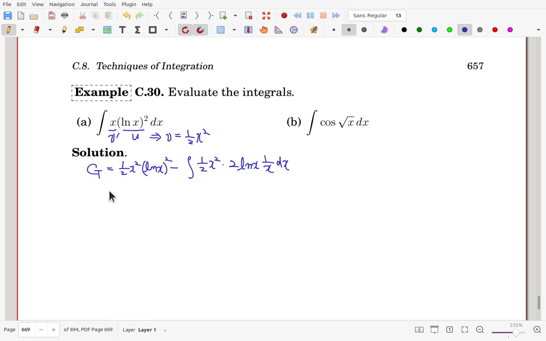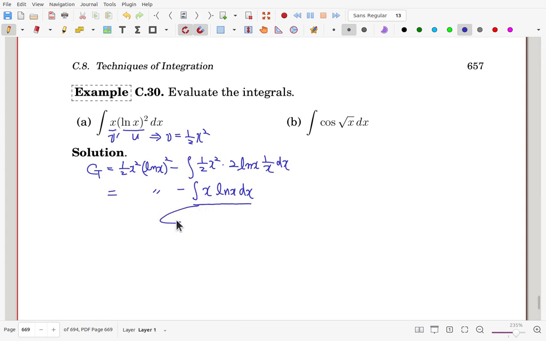Now, if we rewrite and simplify, the half and 2 will cancel out, and for this one we have minus, and we have x here, and the logarithm of x, dx, right? For this one, we can apply one more time integration by parts.